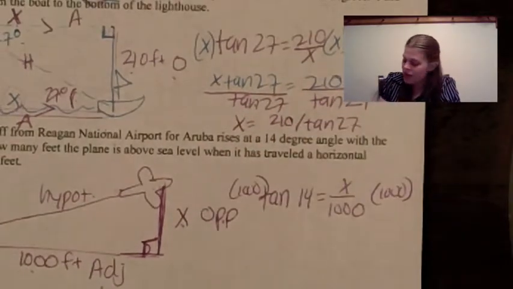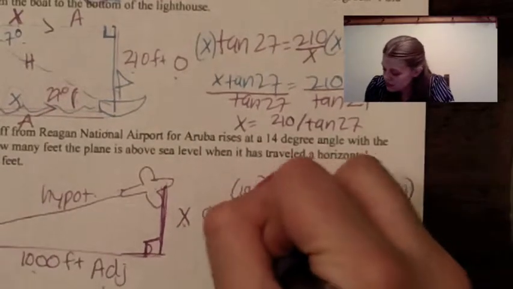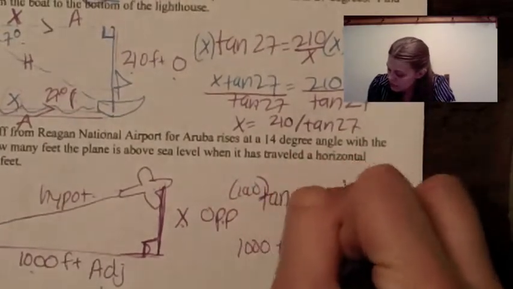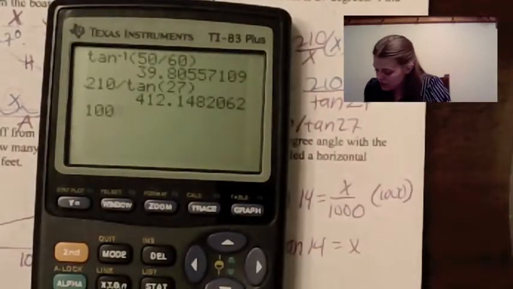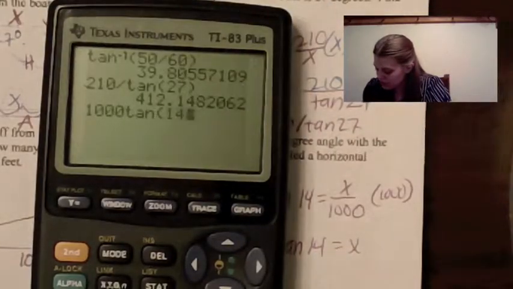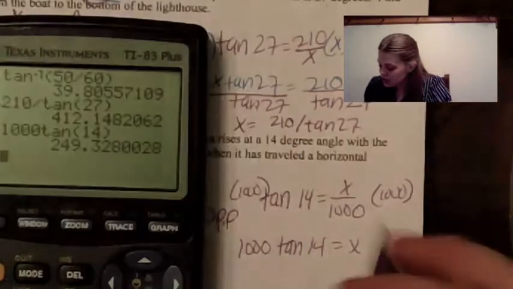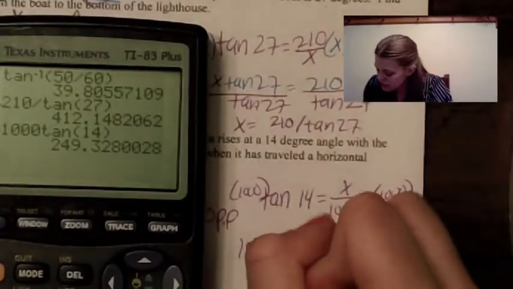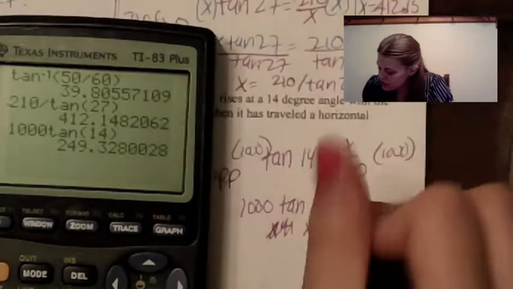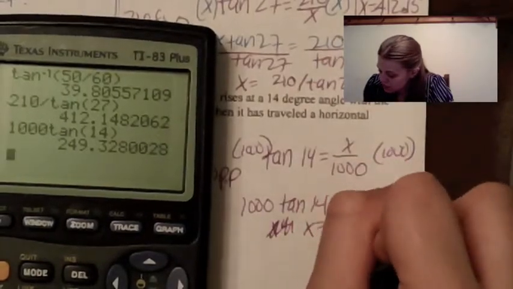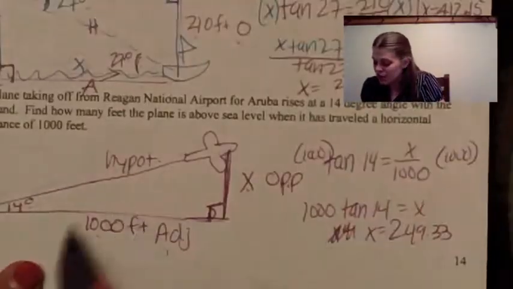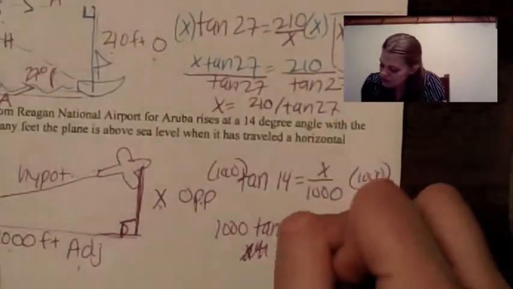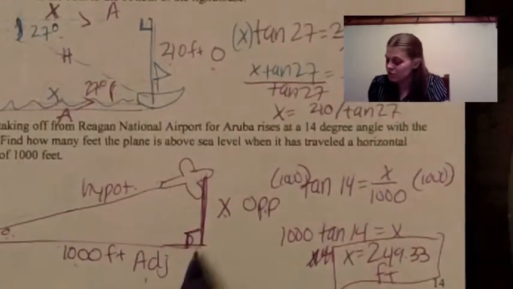So I have 1,000 tangent 14 equals x. So 1,000 tangent 14. So I get x equals 249.33. And remember that we were talking about 1,000 feet, so this is also in feet. So it's barely off of takeoff.